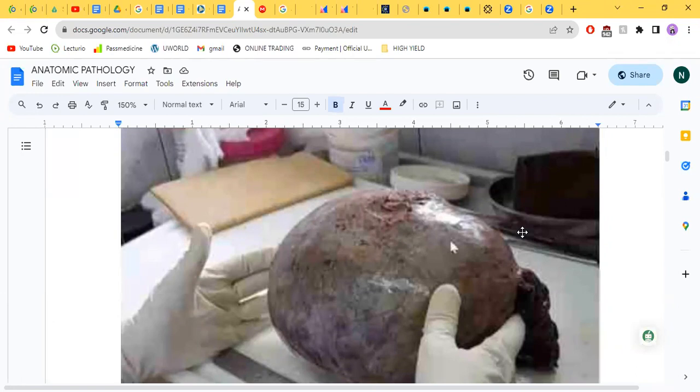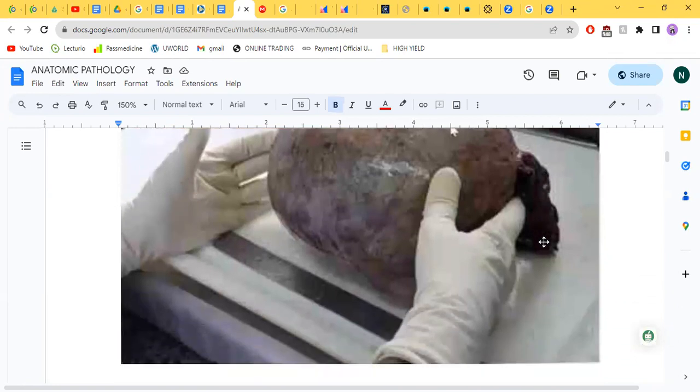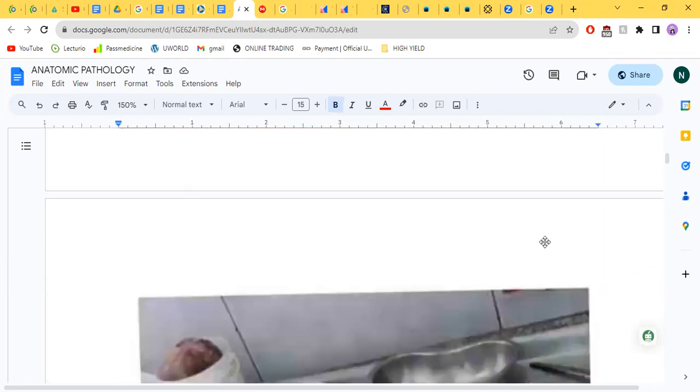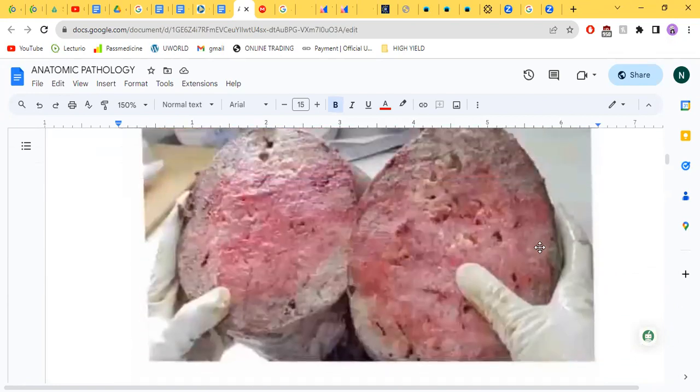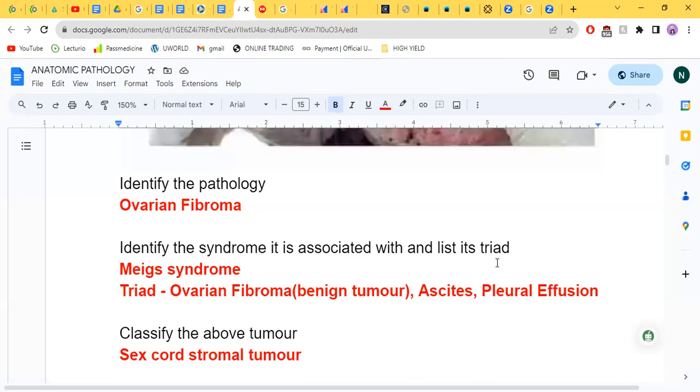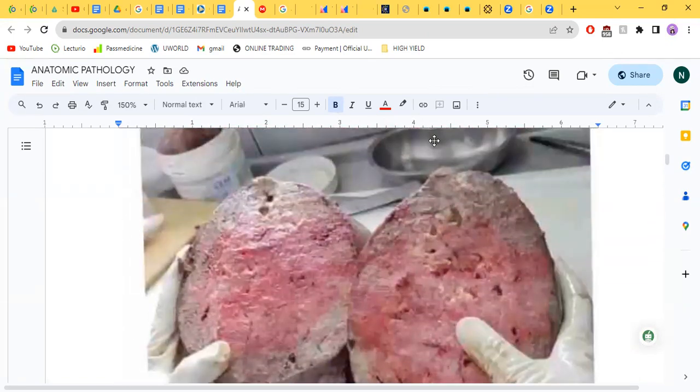And maybe if someone has a definitive feature that can help us identify and differentiate the two, they can put it in the chat. Next. I think we've discussed this, so this is the fibroma when it's cut. Someone told us that one of them is cystic. Let's move down.